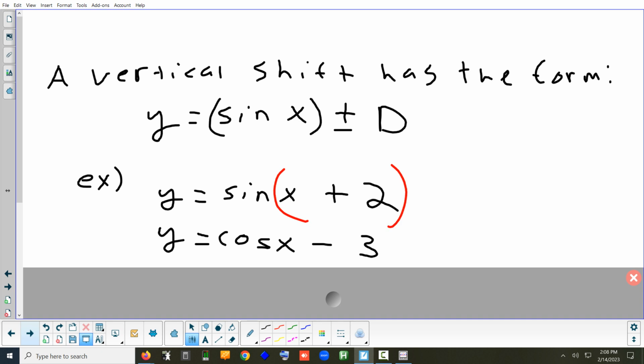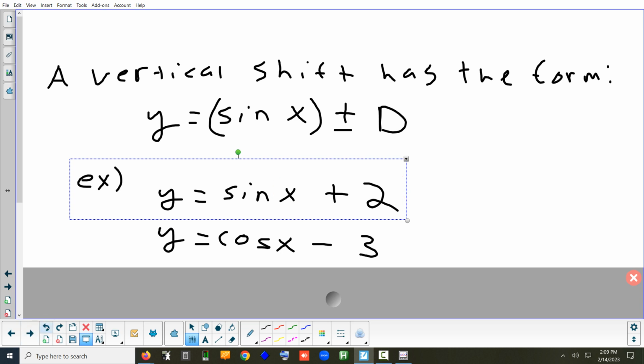Now it's a phase shift. Because order of operations, if you plug in 5, you're saying do 5 plus 2 and get 7. And now take the sine of 7. Versus when you write it like this, if you plug in 5, you're saying take the sine of 5, and then when you've done that, add 2. Not the same. So the adding and subtracting is outside the parentheses.